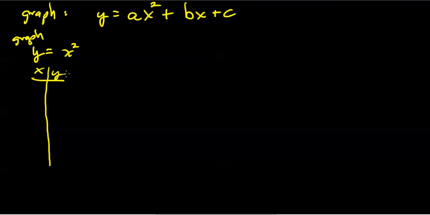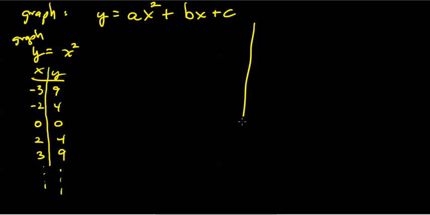If x is minus 3, y is going to be 9. If x is minus 2, y is 4. If x is 0, y is 0. If x is 2, y is 4. If x is positive 3, y is 9. And we could keep playing this game forever.